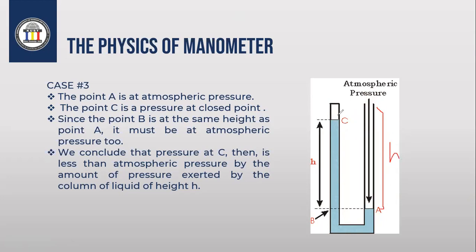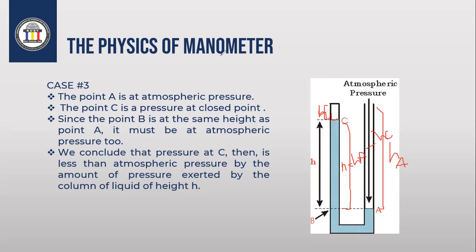The difference between hc and ha will give you the height of the column here. This is h, which comes from ha minus hc.